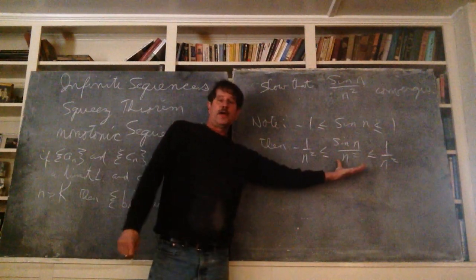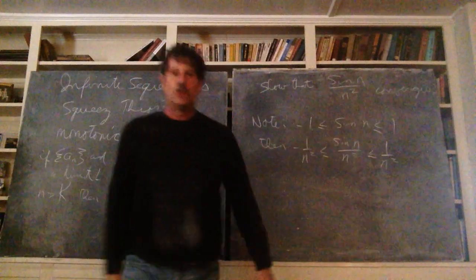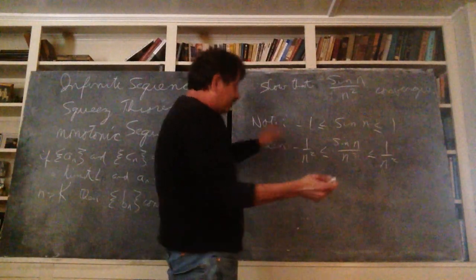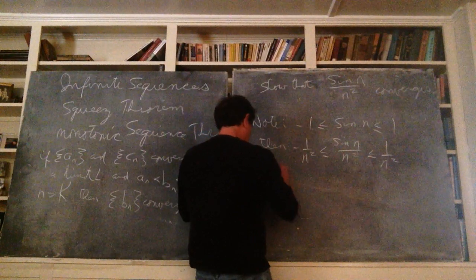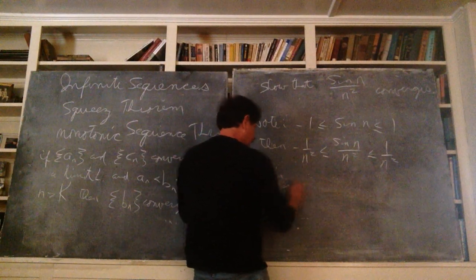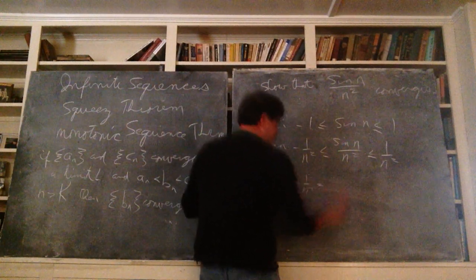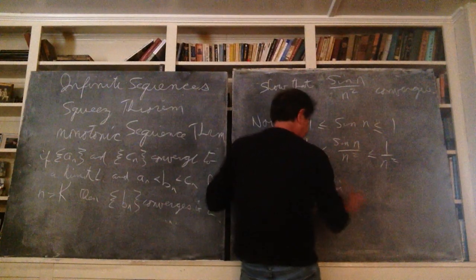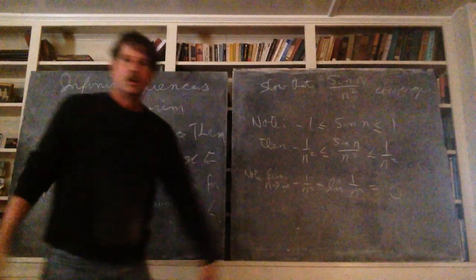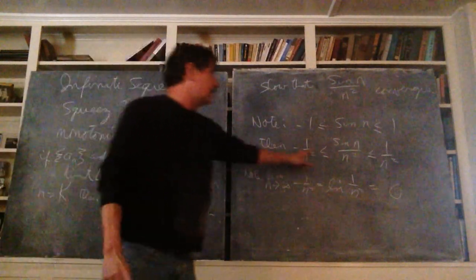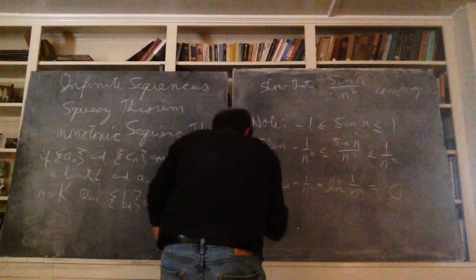This is the sequence we're trying to show converges. And so note the limit as n goes to infinity of -1 over n squared equals the limit of 1 over n squared, which equals 0. Therefore, the limit of the sine of n over n squared is equal to 0.